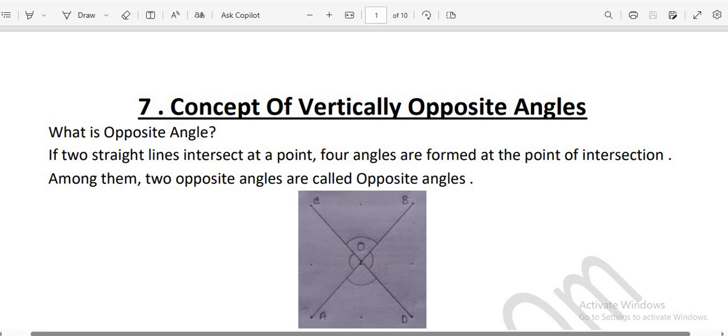If two straight lines intersect at a point, four angles are formed at the point of intersection. Among them, two opposite angles are called vertically opposite angles.